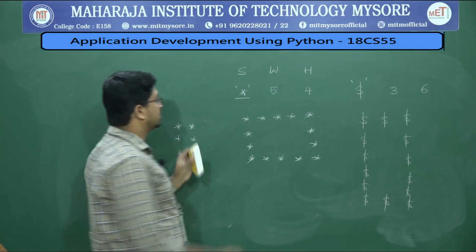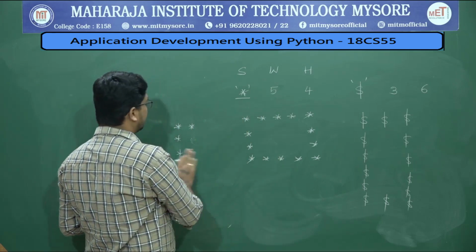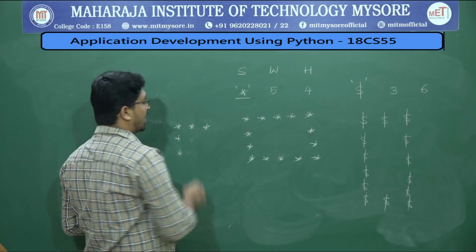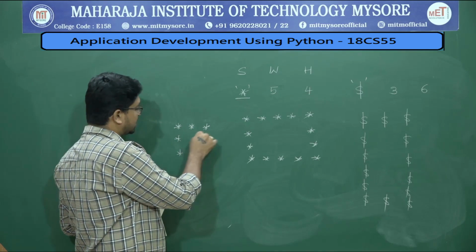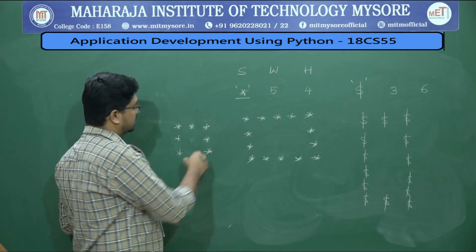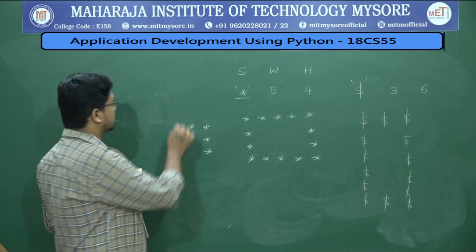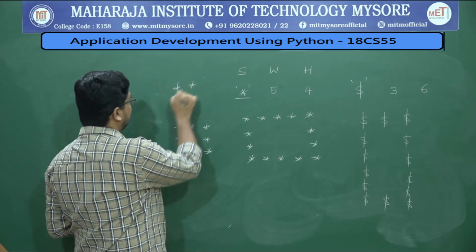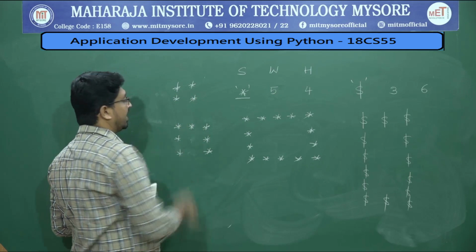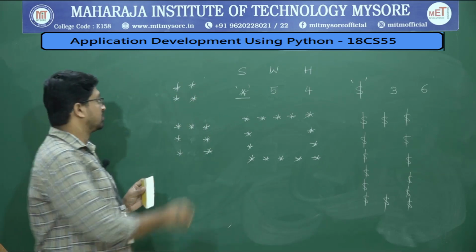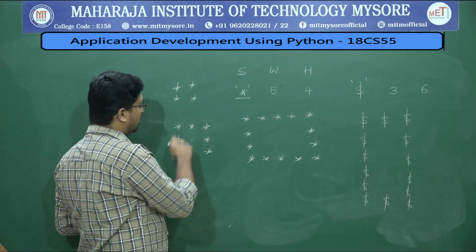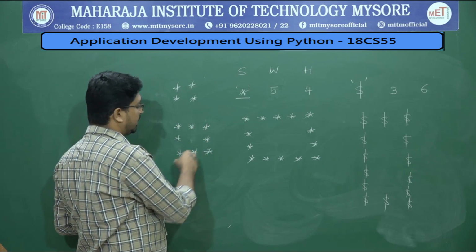So your width should be greater than 2. Greater than 2 means at least 3 values. Then only you will get one extra space. So if I write a 2 cross 2 rectangle, it doesn't look like a rectangle. So for that you can consider 3 cross 3. Minimum is 3 cross 3.